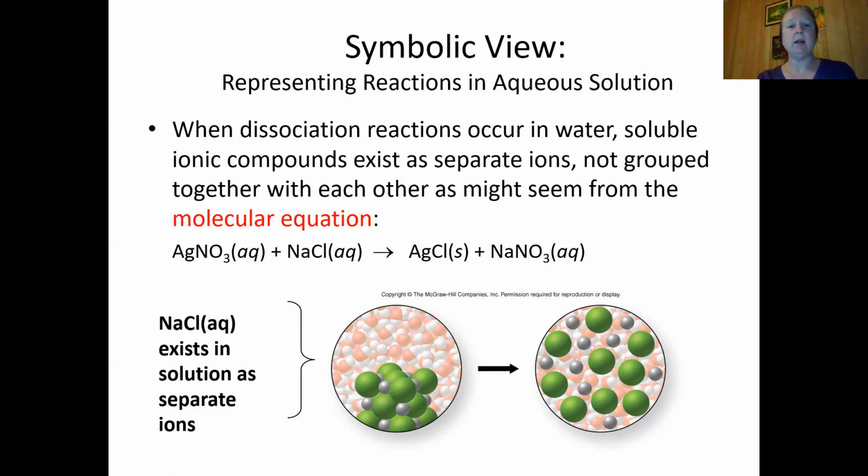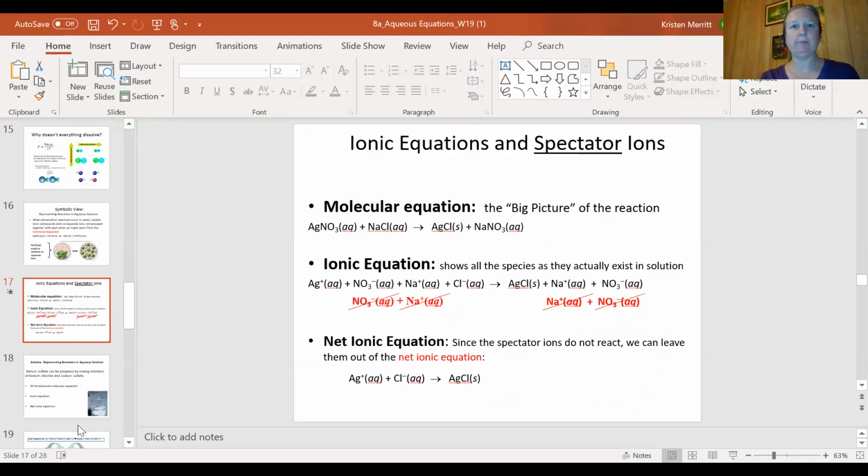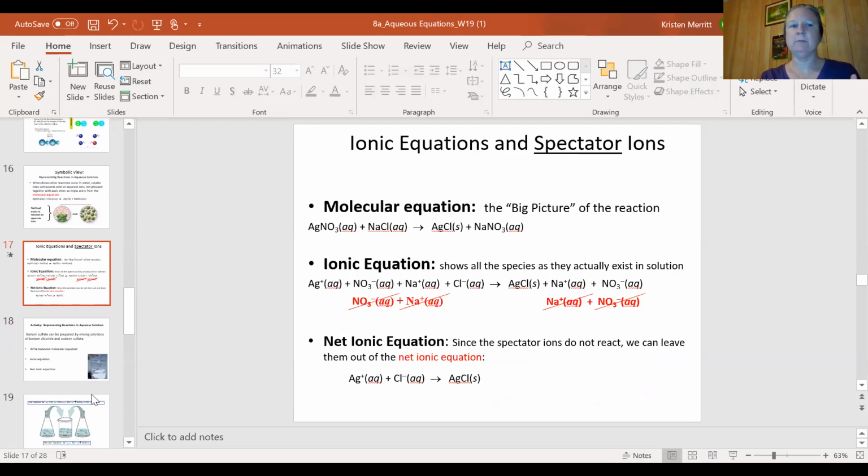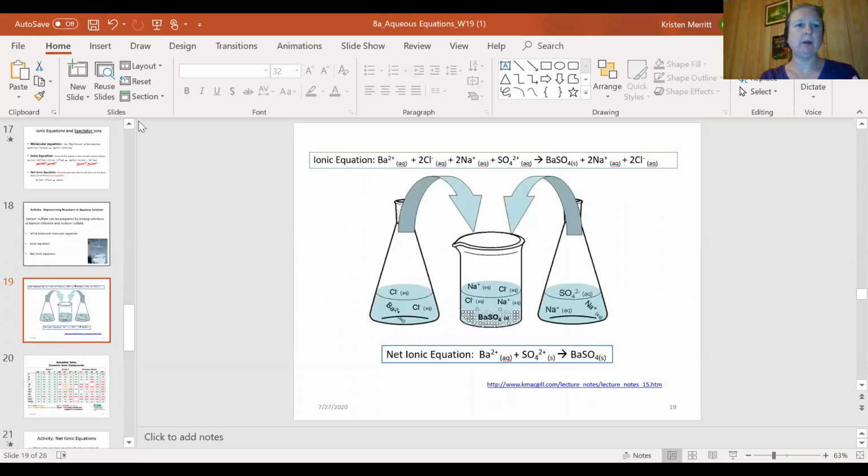The previous ionic dissociation, you had one solid on the left side and ions with the aqueous designation on the right side. Different type of reactions, and we're going to get into all of that.